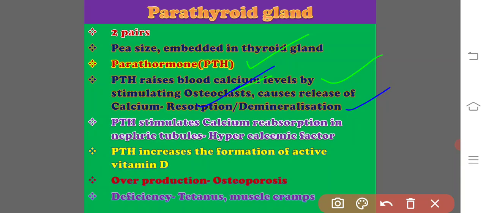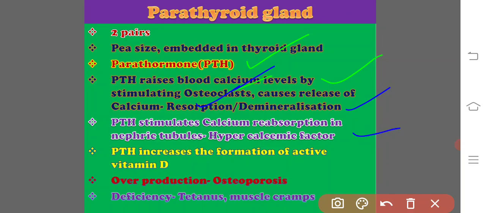PTH also stimulates calcium reabsorption by the nephric tubules in the kidney, and this prevents the calcium loss through the urine. It also stimulates calcium absorption from the diet in the small intestine.